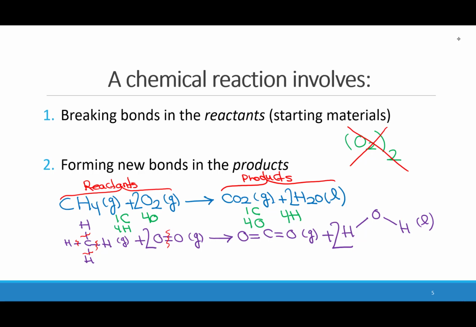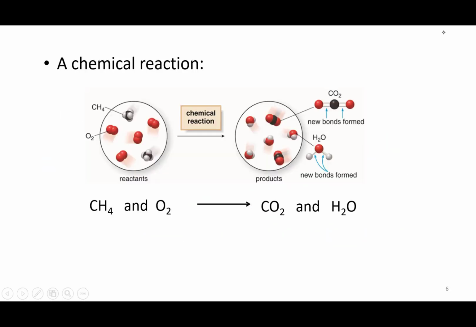The bond between the two oxygens is broken down, and then we produce new bonds between carbon and oxygen and hydrogen and oxygen. That's what it means by breaking old bonds, which is the reactants, and forming new bonds, which forms the products. And all these numbers are coefficients that we use to balance chemical reactions.